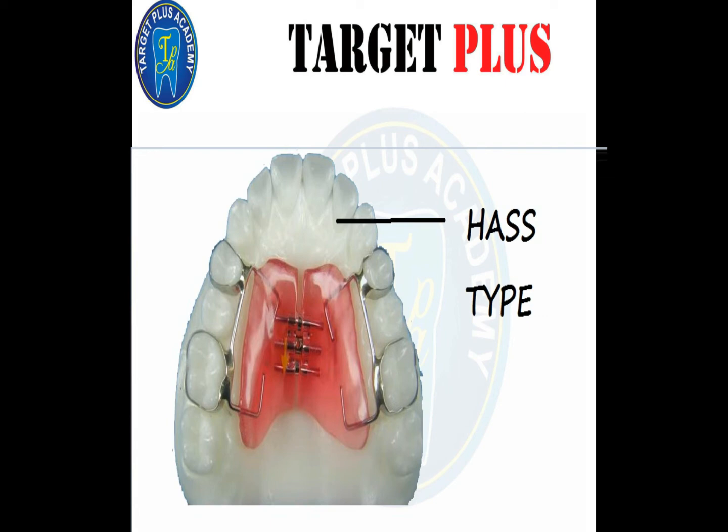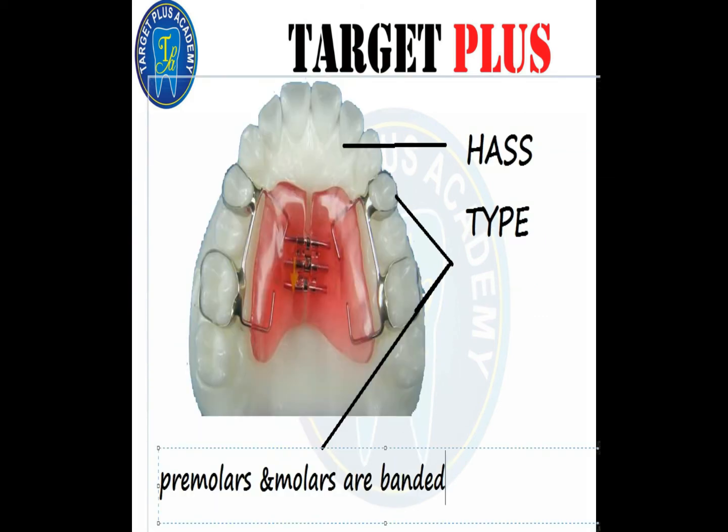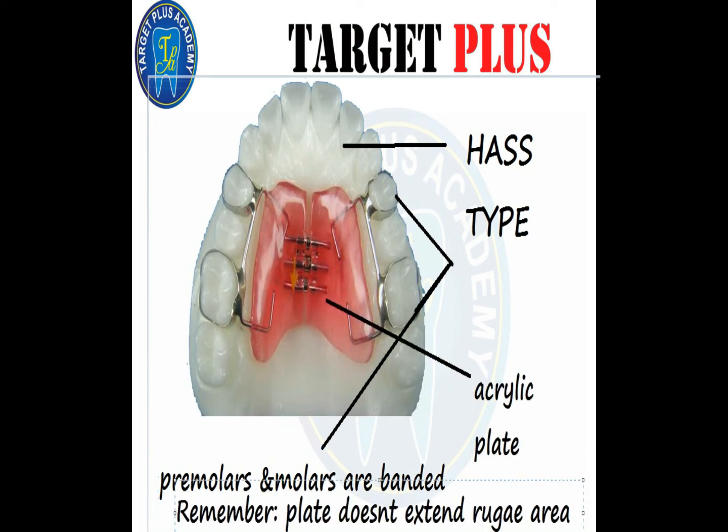So it has a rigid wire framework that is soldered to first premolar and molar bands both buccally and palatally. The palatal extension consists of 1.2 mm diameter wire that is incorporated in an acrylic plate that contains the expansion screw in the midline.